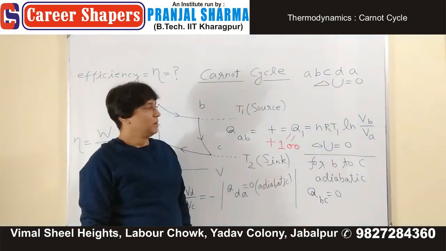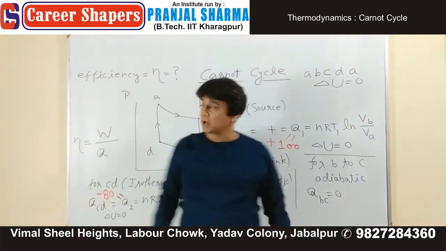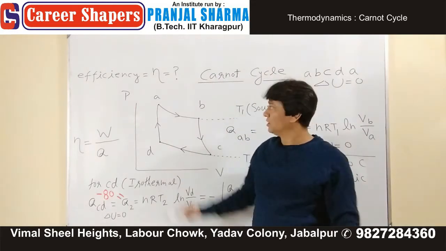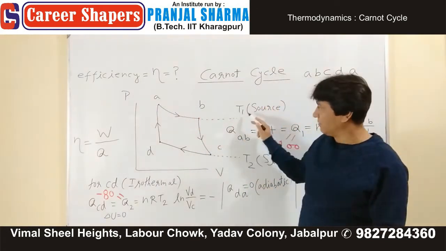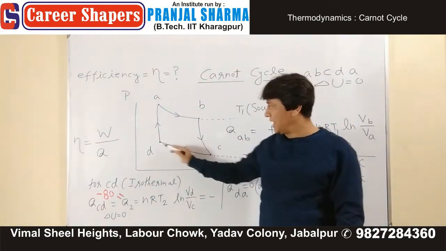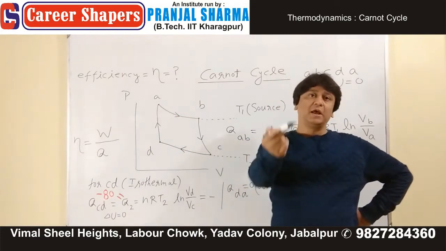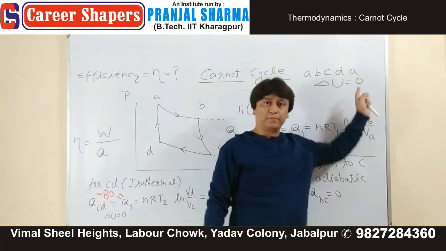For any type of cyclic process, change in internal energy is 0. Internal energy only depends on temperature. So if the temperature at A is T1, when you are back again at A, you have the same temperature T1, and therefore for the entire process delta U is 0.